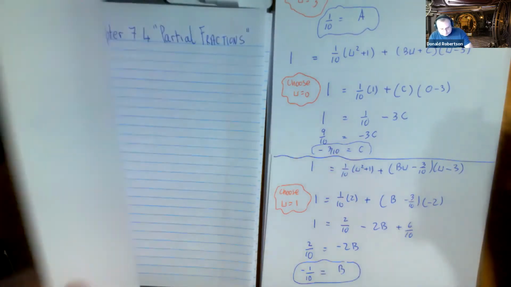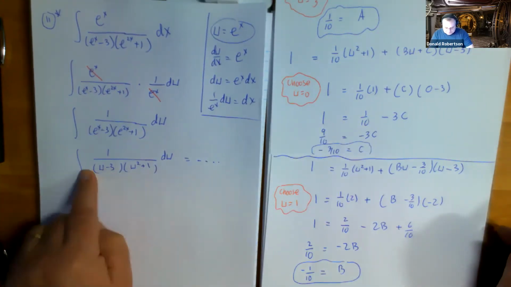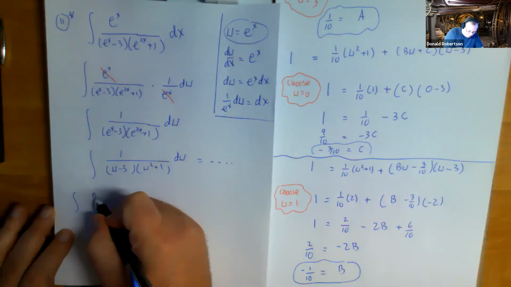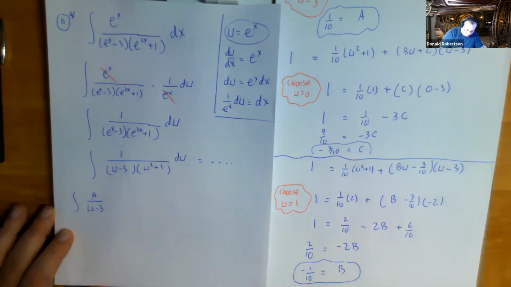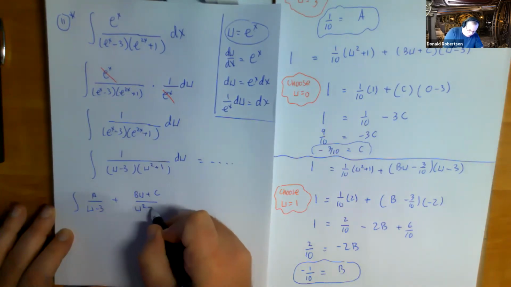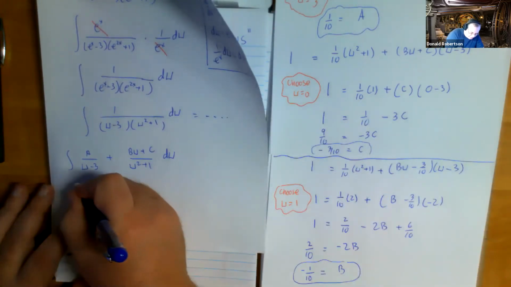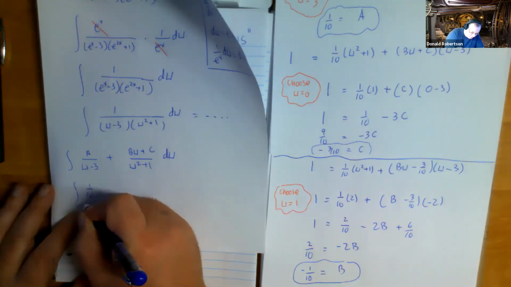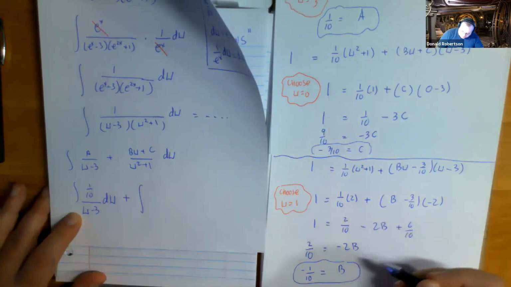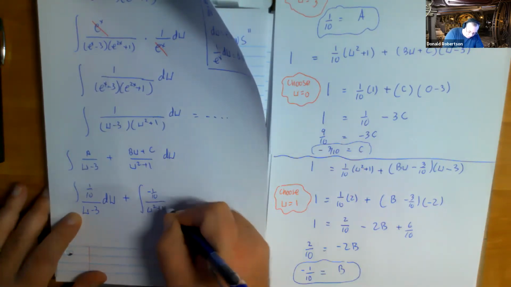So we now know the partial fractions. So this fella is going to be A over u take away 3 plus Bu add C over u squared plus 1 du. I know A is 1/10, so I get 1/10 over u take away 3 du added to B is negative 1/10, so I'm going to call that negative 1/10 u over u squared plus 1.